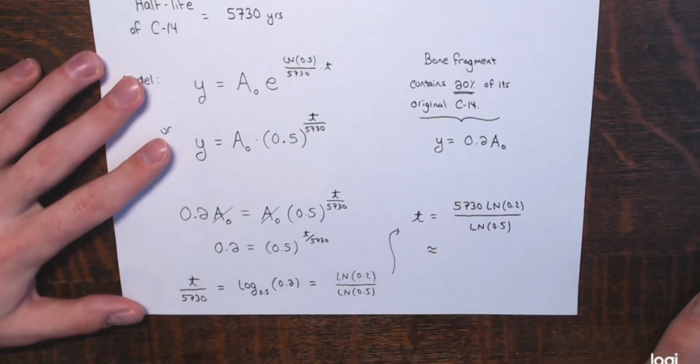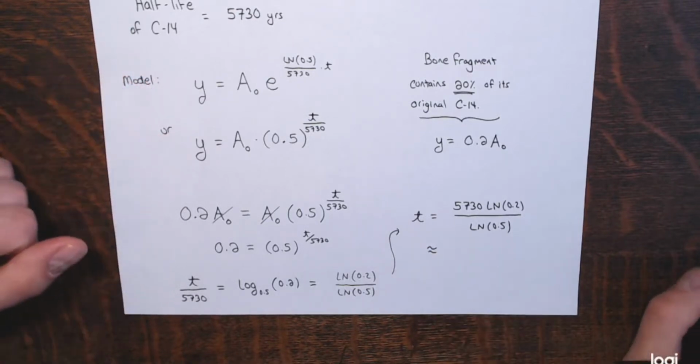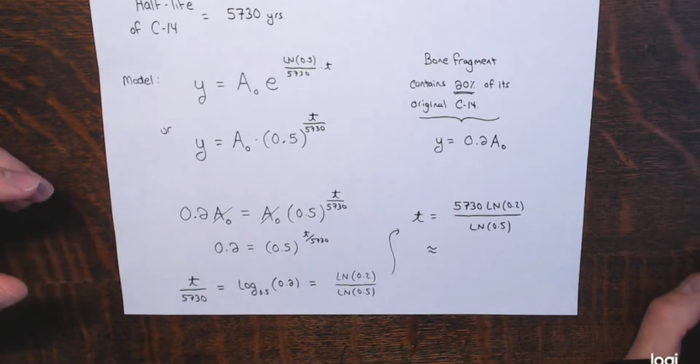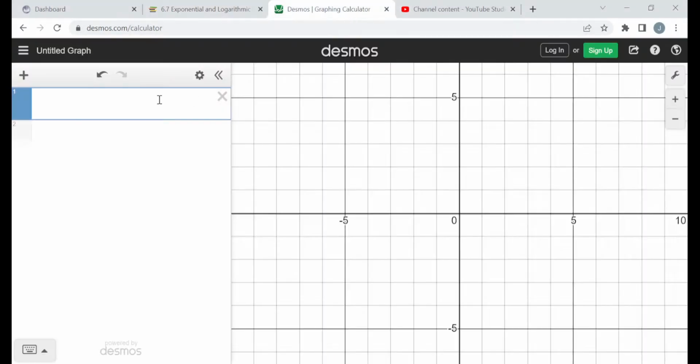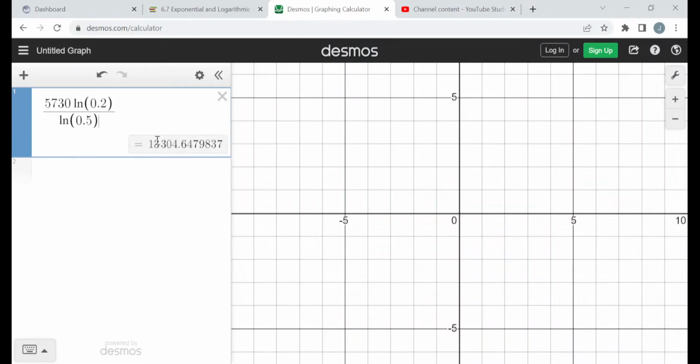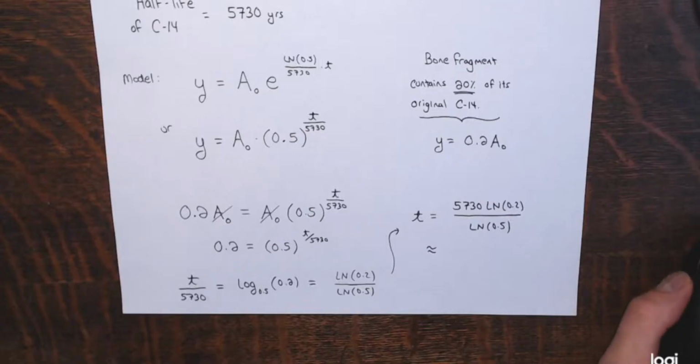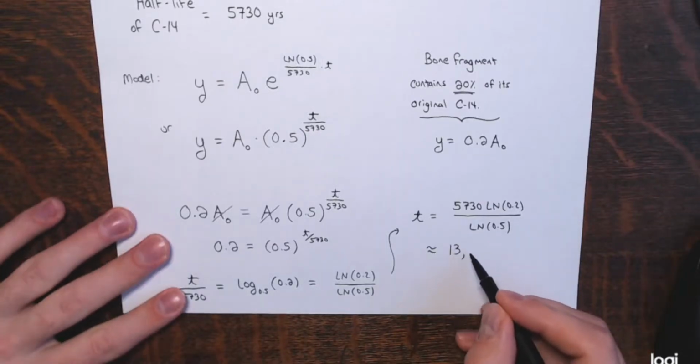This is how long it took for that to happen, how old the object is, or how long it's been decaying. So on the calculator, I've got 5,730 times the natural log of 0.2 divided by the natural log of 0.5. So this bone has been decaying for approximately 13,305 years, rounding to the nearest year.